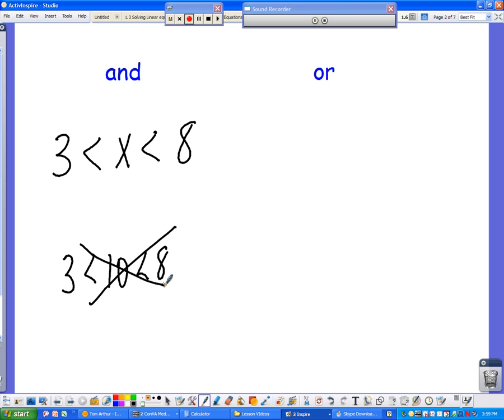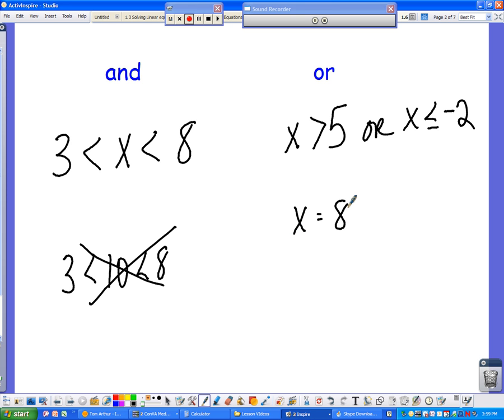Whenever we have an or, for example x is greater than 5, or x is less than or equal to -2. An example of this would be if x was 8. 8 is greater than 5.